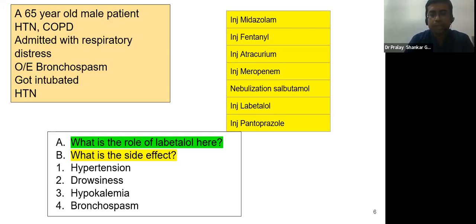So I mentioned that we are using labetalol as a treatment plan for hypertension. What may be the side effect? Anyone?